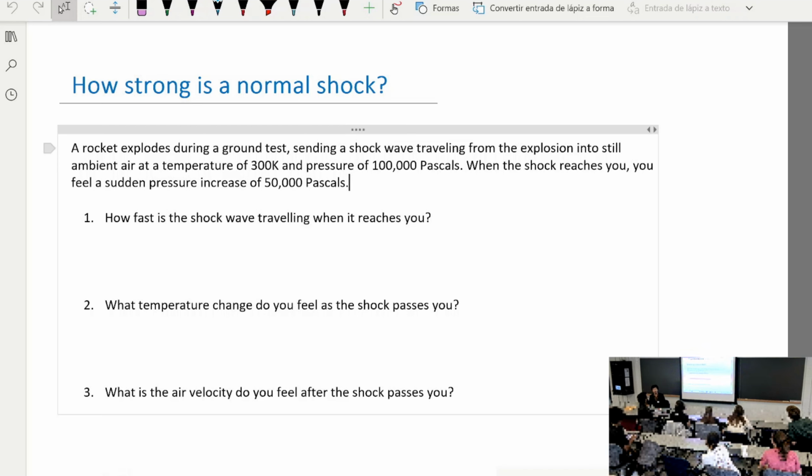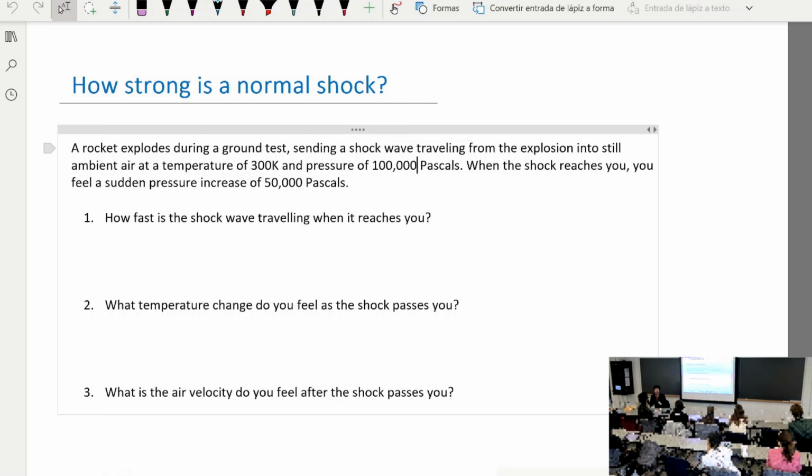Now, what does that tell you about the shock wave? It tells you, okay, so is this 100,000 pascals upstream or downstream of the shock wave? Remember, it's still ambient air, okay?